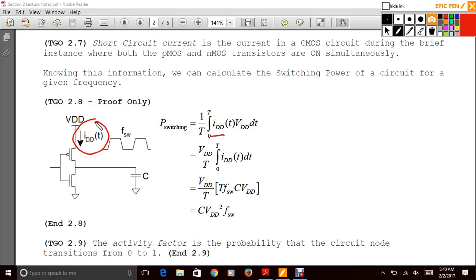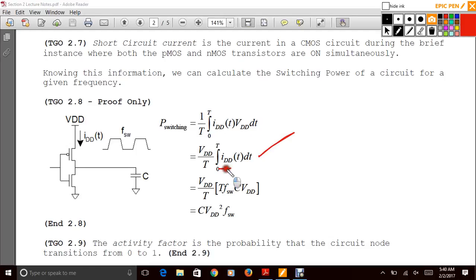We also know that we have the switching frequency, right? We know that time is constant, and we know the supply voltage is constant, so we can bring that out here. So this is going to become ID dt, as you can see here.